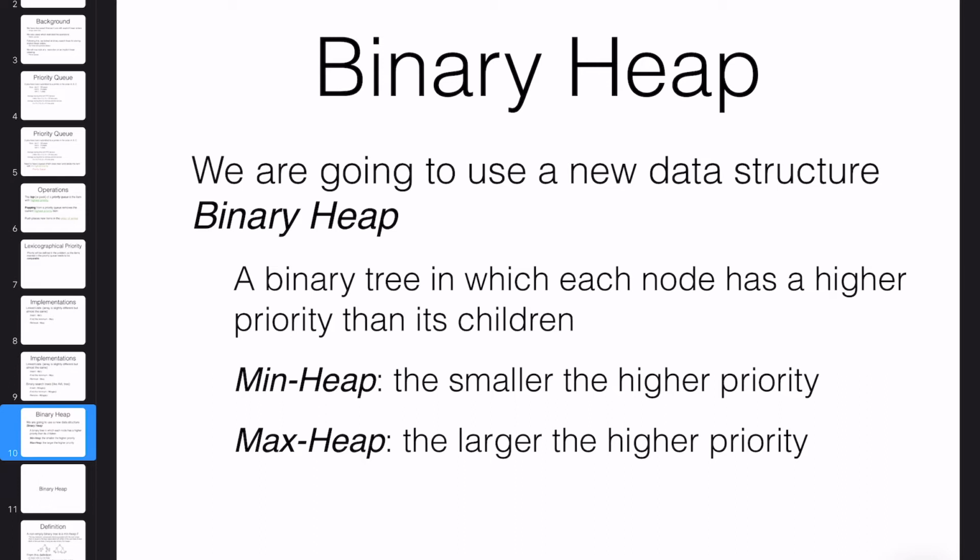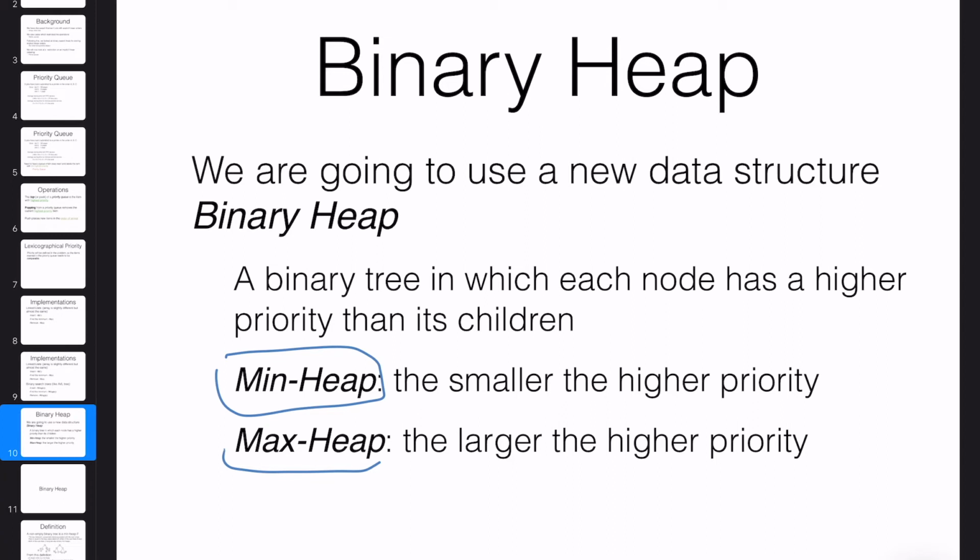So a binary heap is going to be a tree. We have two kinds of binary heap. One is called min-heap, the other is max-heap. The point is, in min-heap we always give the priority to the smaller items, and in max-heap, we give the priority to the larger items.